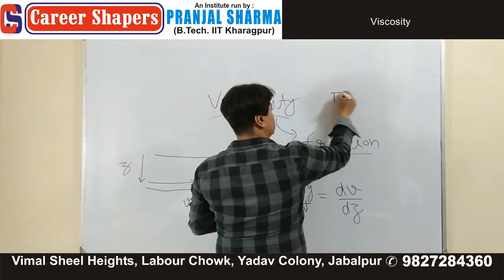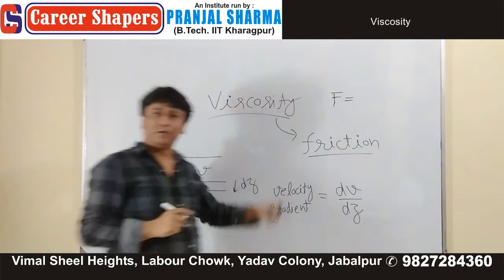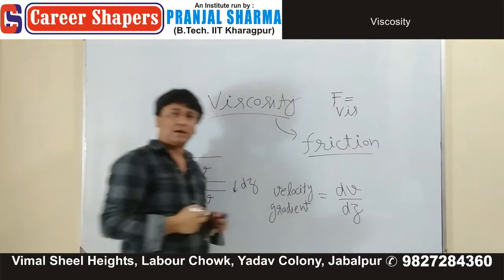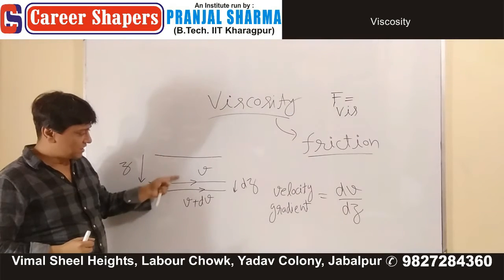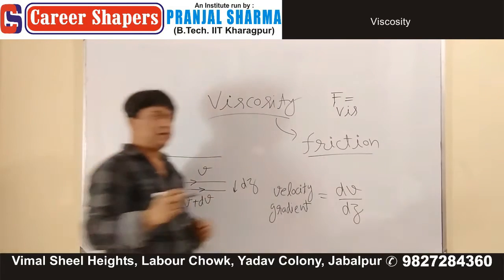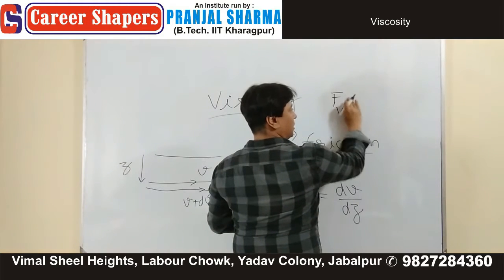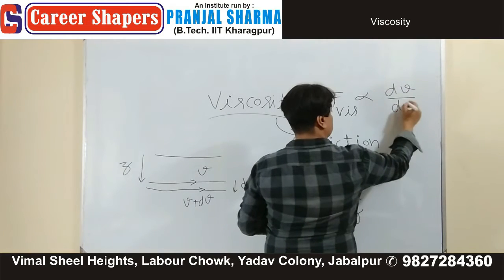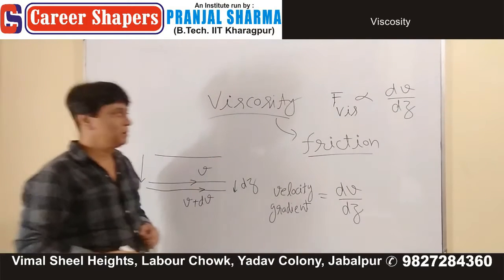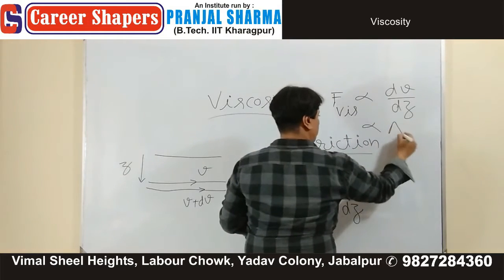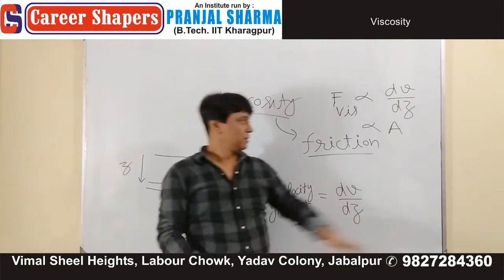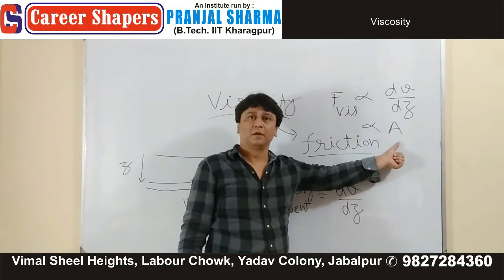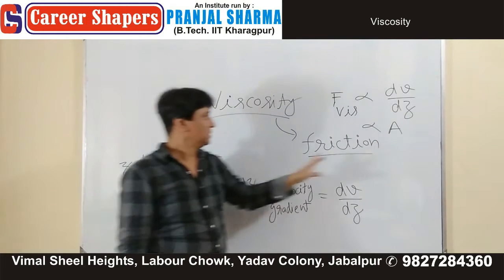Force of friction or force of viscosity, which is acting between these layers, is proportional to dv by dz, this velocity gradient, and more importantly is proportional to A. I guess you remember this friction had nothing to do with A. This is the only difference.